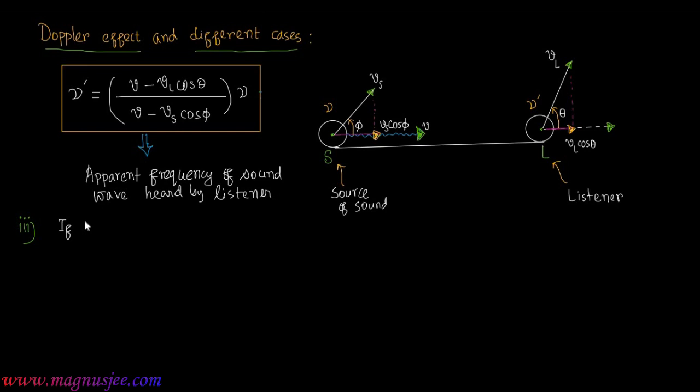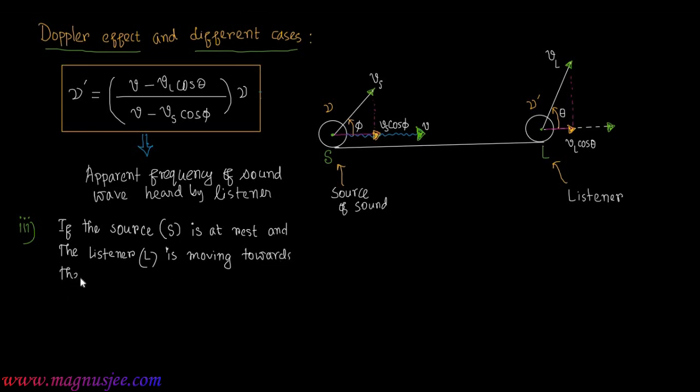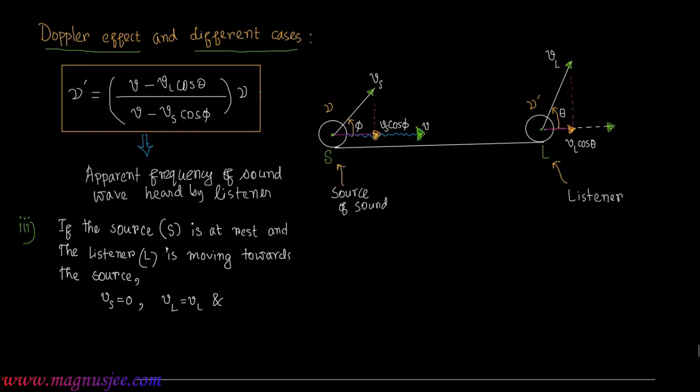Case number 3, under bracket A: the source is at rest and the listener L is moving towards the stationary source of sound S. In that case, the velocity of the source Vs will be equal to 0, the velocity of the listener is Vl, and theta will be equal to 180 degrees.